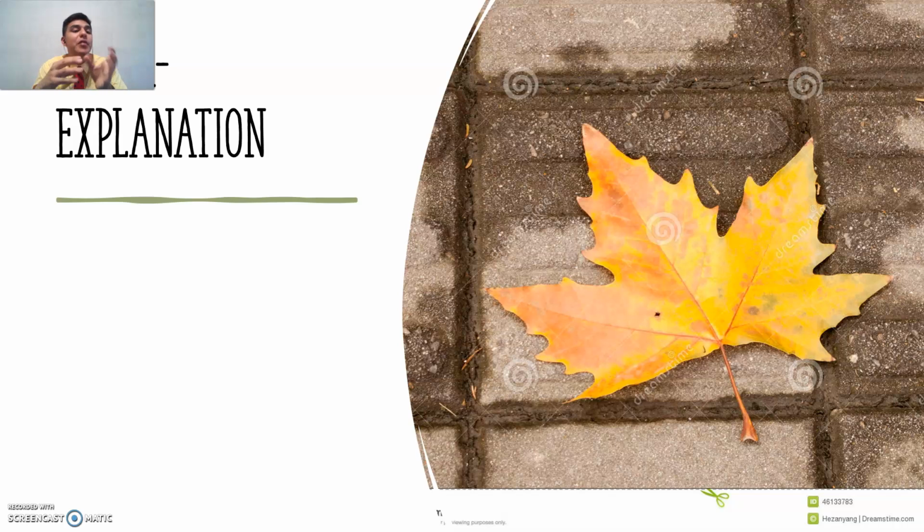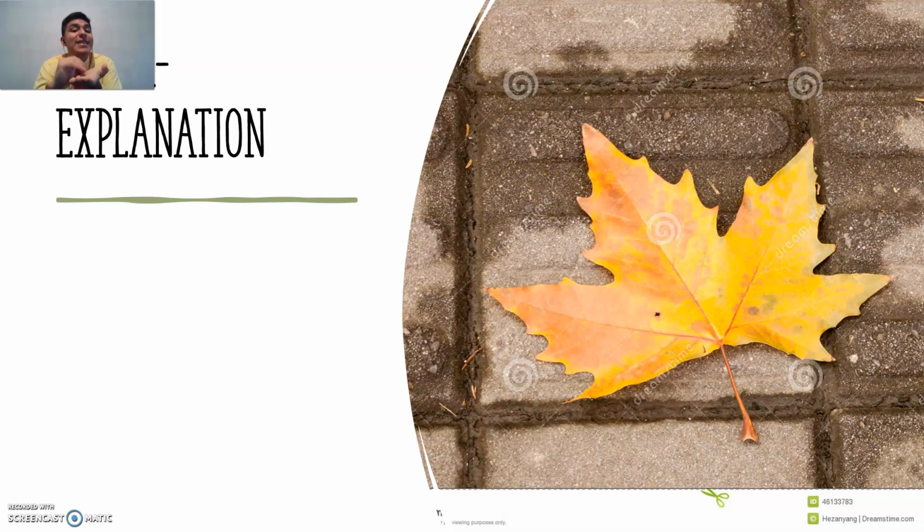And if we have a lower mass, we're going to have a higher acceleration. So when the leaf comes to the ground and touches the planet, it is applying a force to our planet. But of course, the force that the leaf has applied to the planet is extremely small, so it is not going to move it at all.